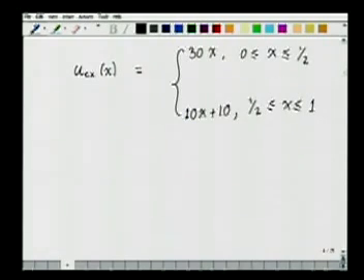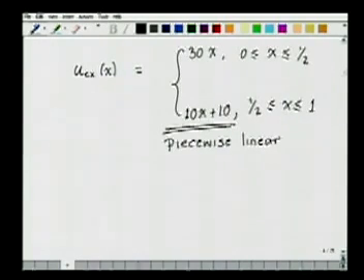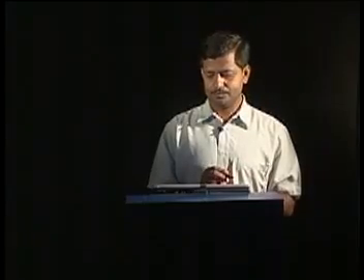So the exact solution is piecewise linear. That is, it is linear in the part 0 to half and linear in the part half to 1, with the slopes different in the two parts.